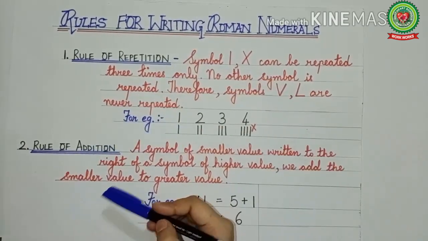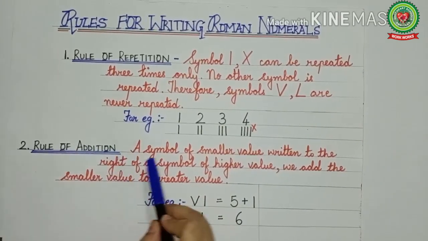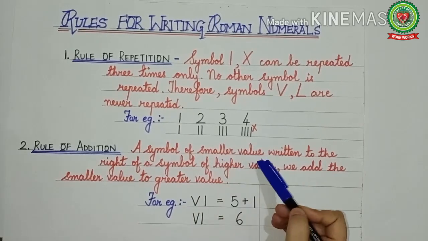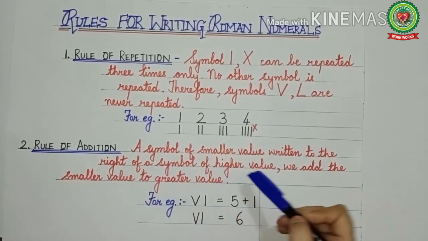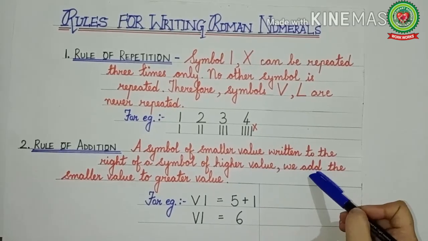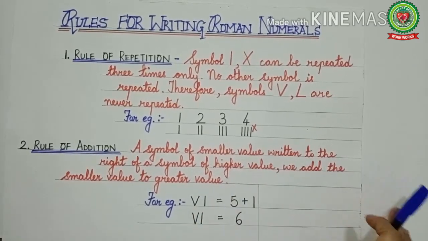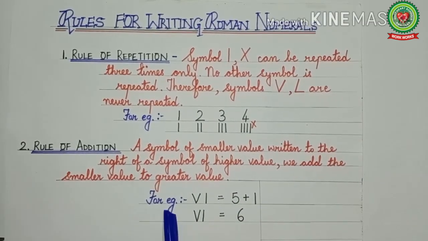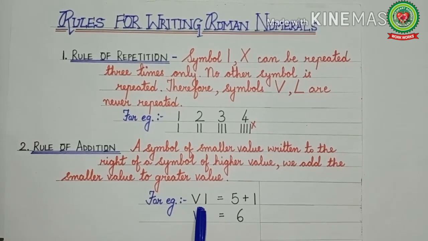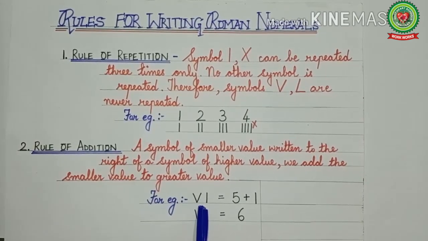Now let us first see the next rule. Rule of addition: when a symbol of smaller value is written to the right of a symbol of higher value, we add the smaller value to the greater value. Let me explain this in simple language. For example, this is 6. How do we know this is 6?